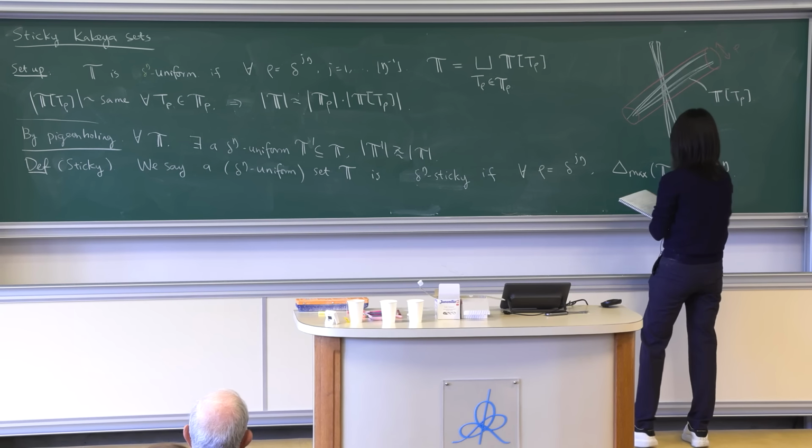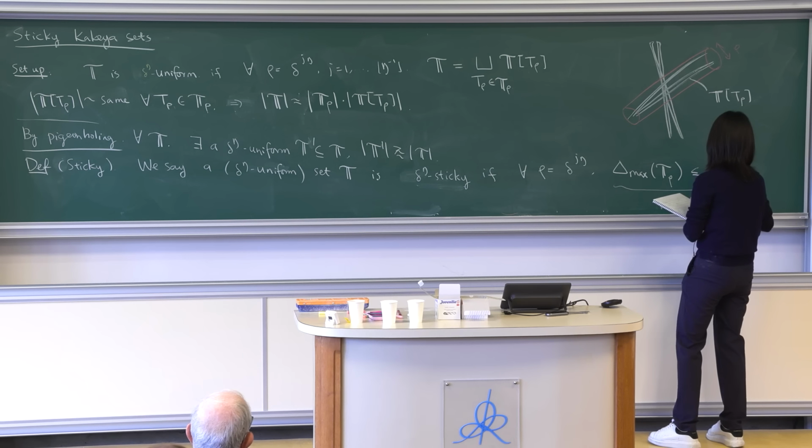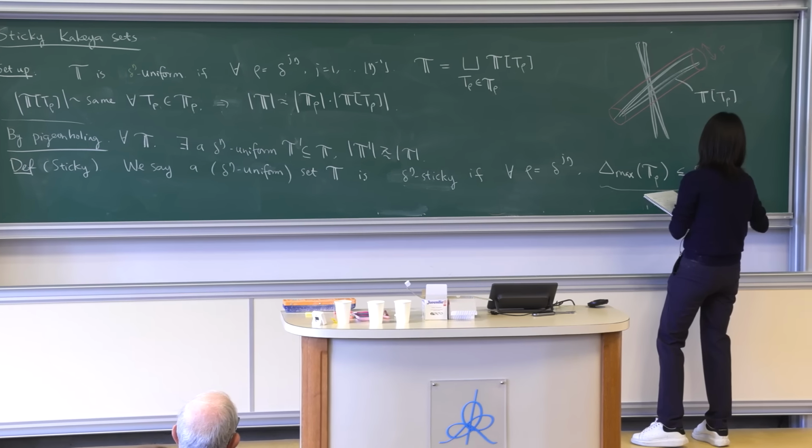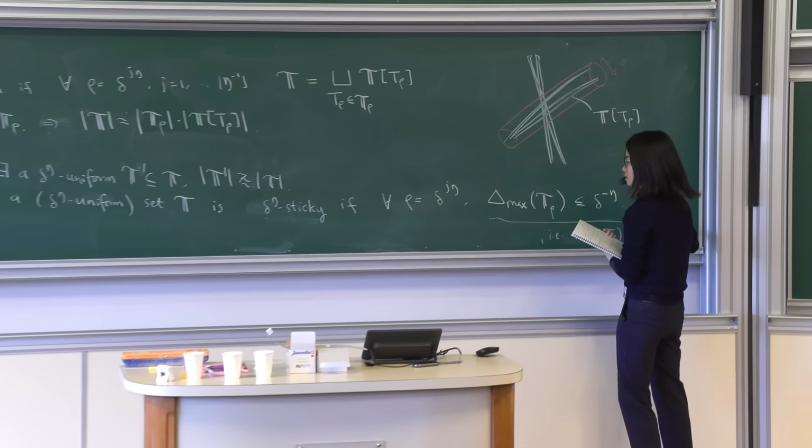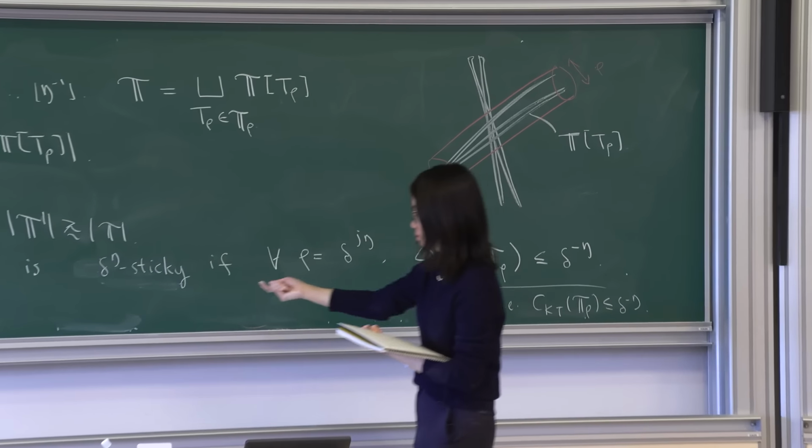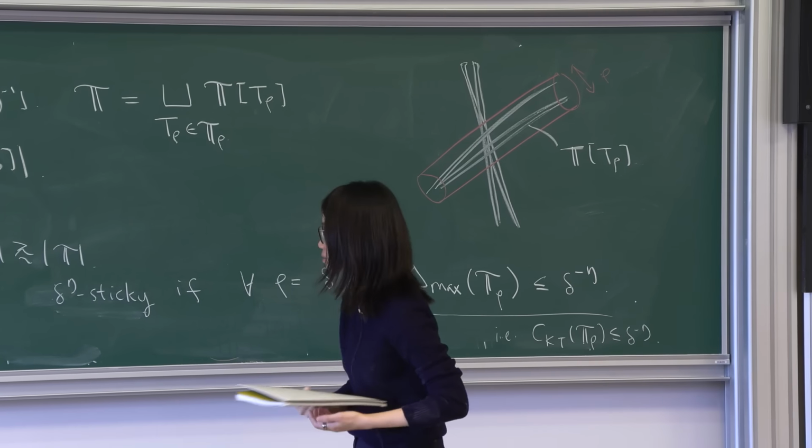This is the same thing as the Katz constant of T rho being less than that. Okay, so that is the definition of sticky sets.